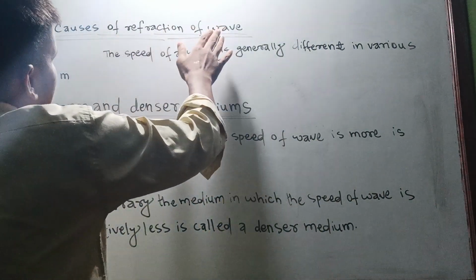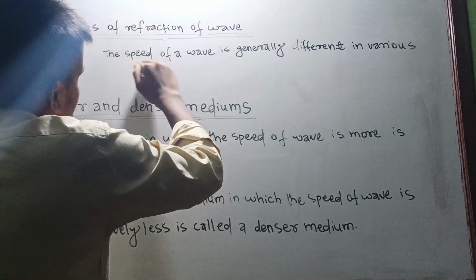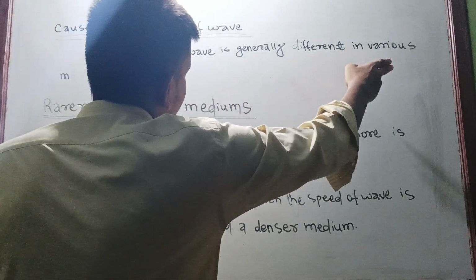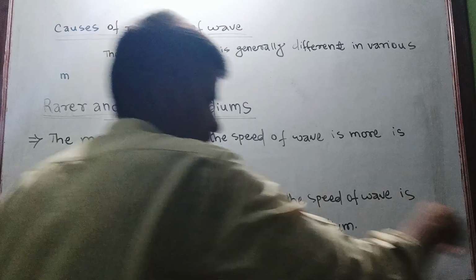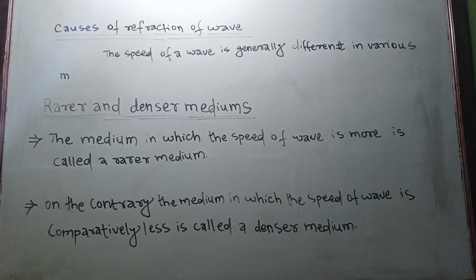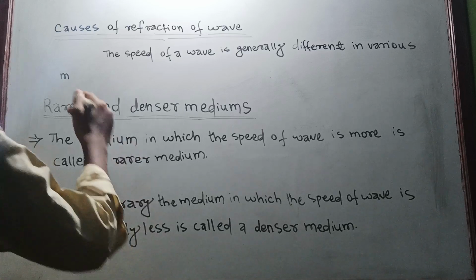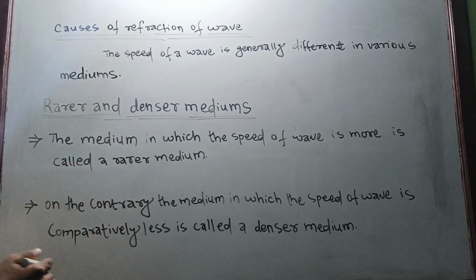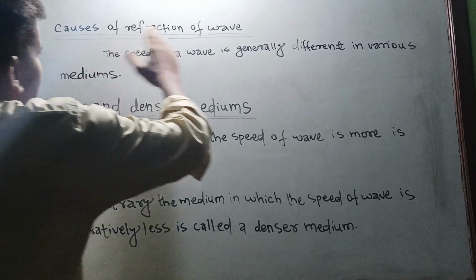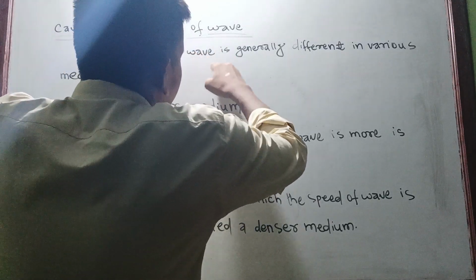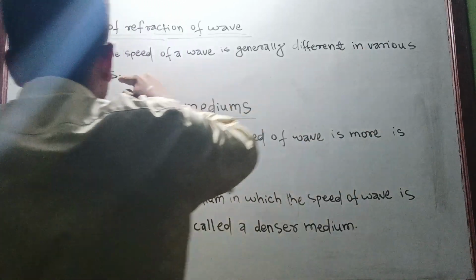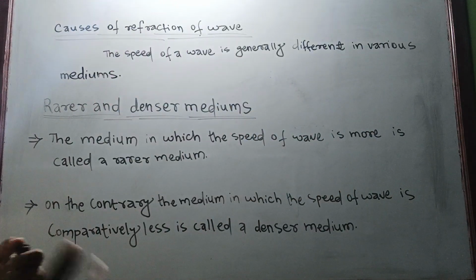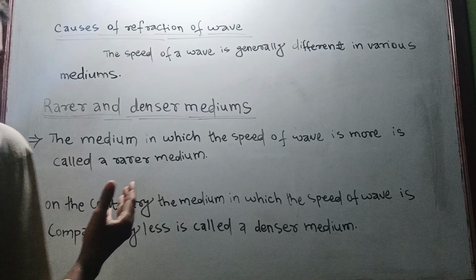Causes of refraction of a wave: the speed of a wave is generally different in various mediums, and that is why the bending phenomenon happens. That is the main reason.